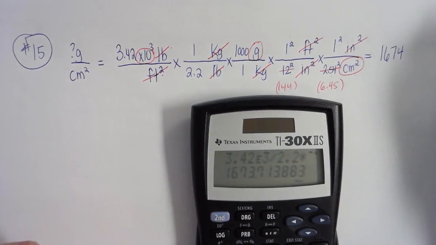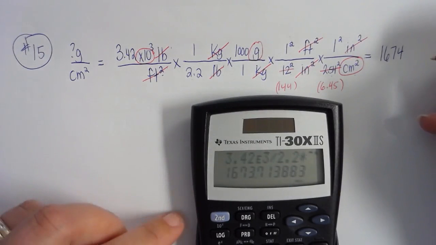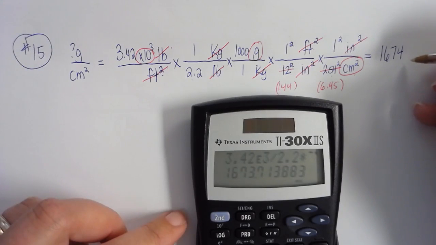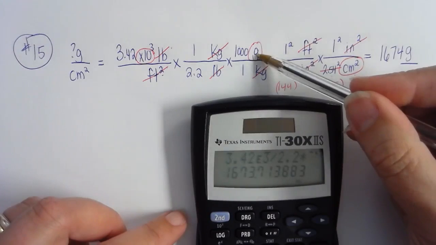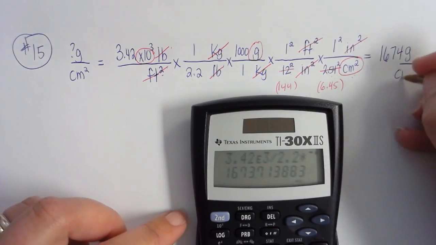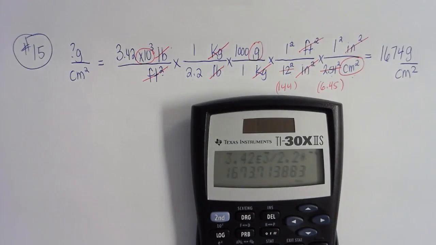I'm going to round up. You get 1674, and I need a unit. What's my unit? Well, is it going to be grams or? Oh, I have my grams back here on the top. Over centimeters squared. Grams over centimeters squared. That's our answer.